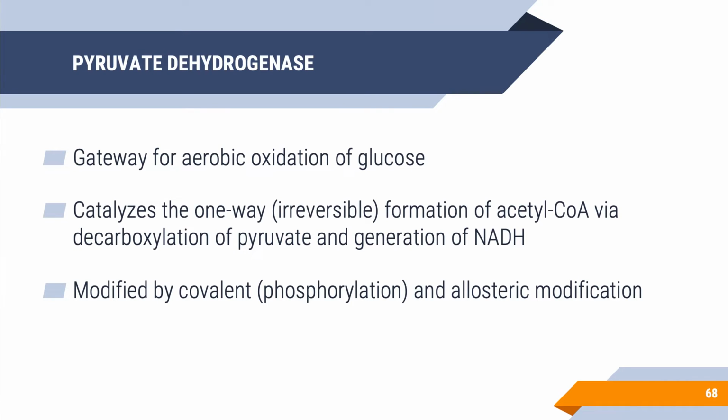Pyruvate dehydrogenase catalyzes the one-way irreversible formation of acetyl-CoA from pyruvate. This occurs via decarboxylation of pyruvate and the generation of NADH. Pyruvate dehydrogenase can be modified by both covalent and allosteric modifications.